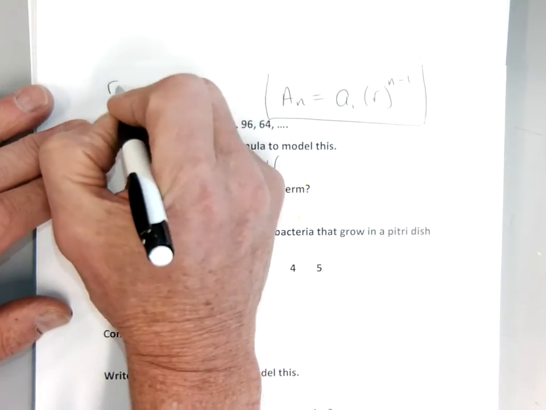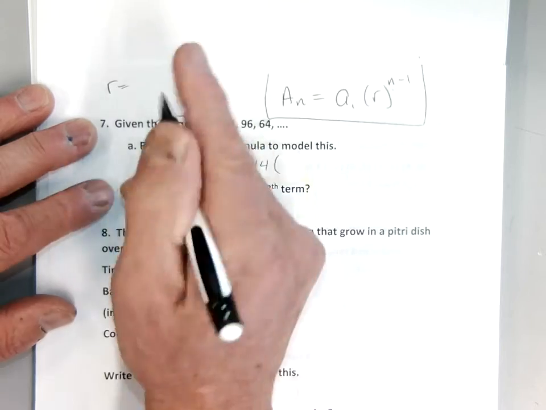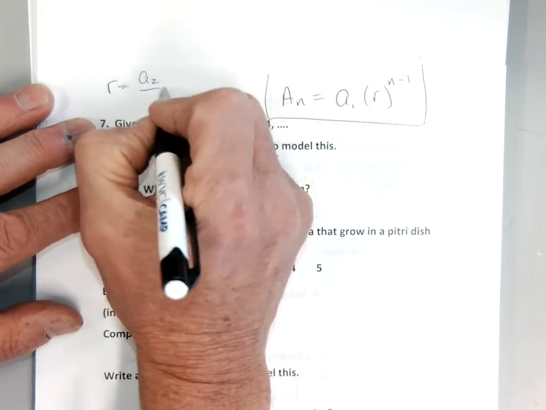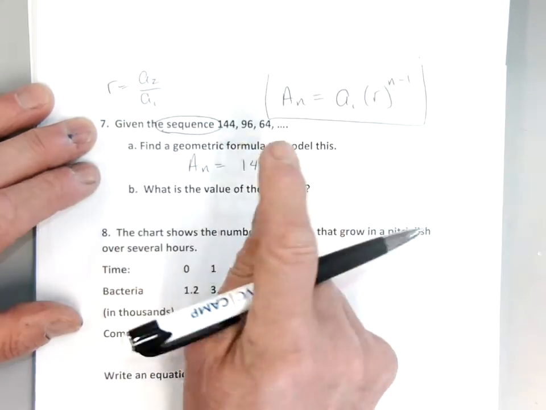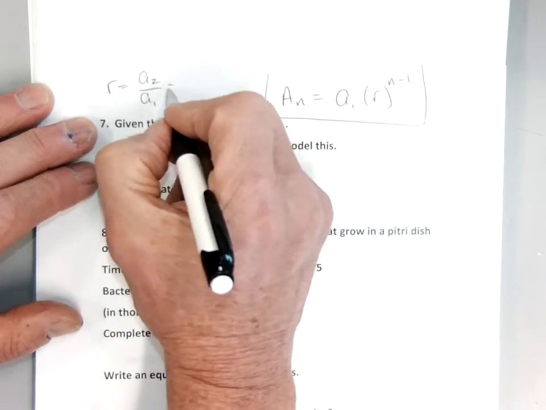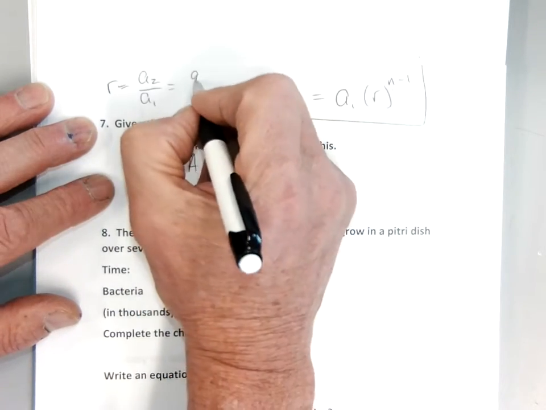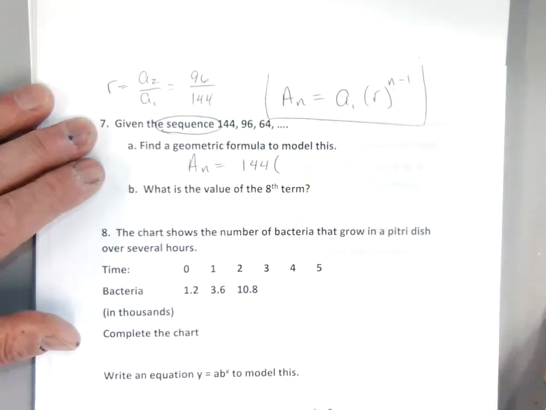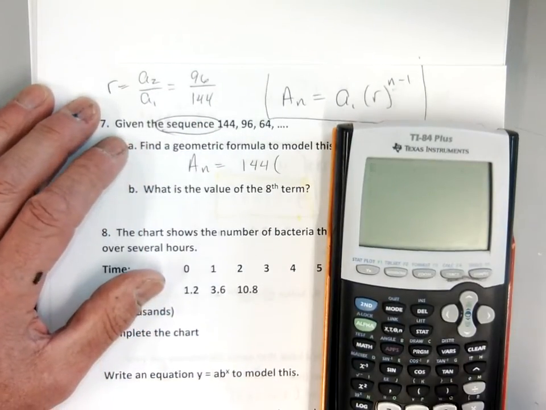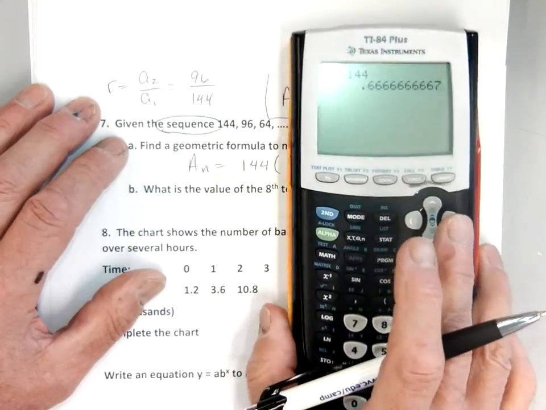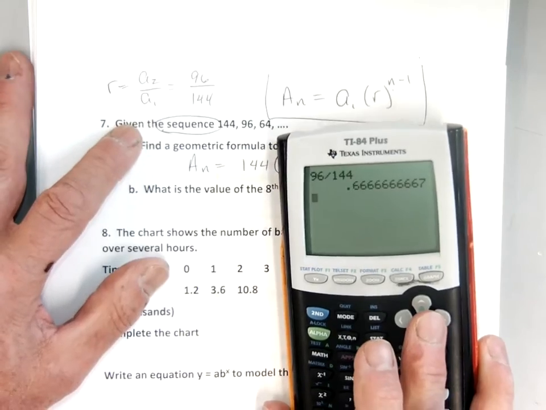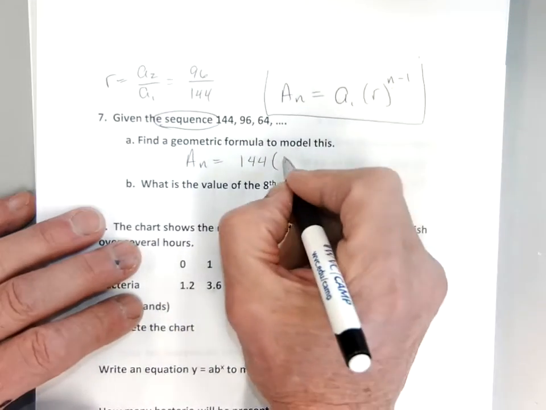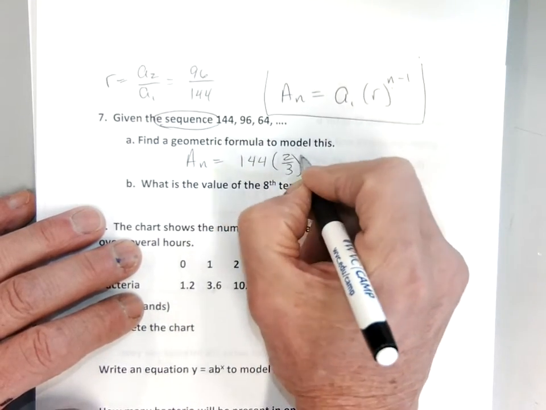Well, I don't know, but if I divide the second one by the first one, I can get my multiplier, my ratio. So if I take 96 over 144, I'm going to use my calculator. 96 divided by 144. Okay, 0.666666. What's that number as a fraction? Good. 2/3 to the n minus 1 power.